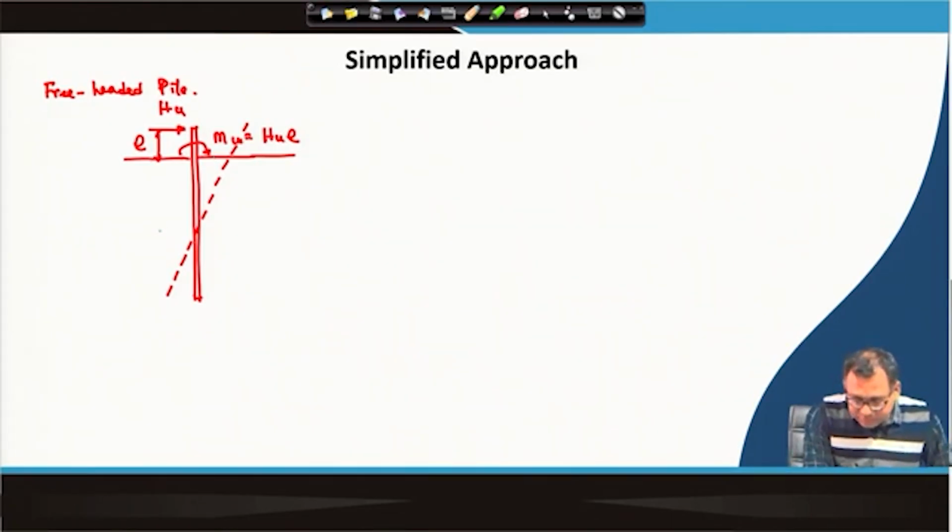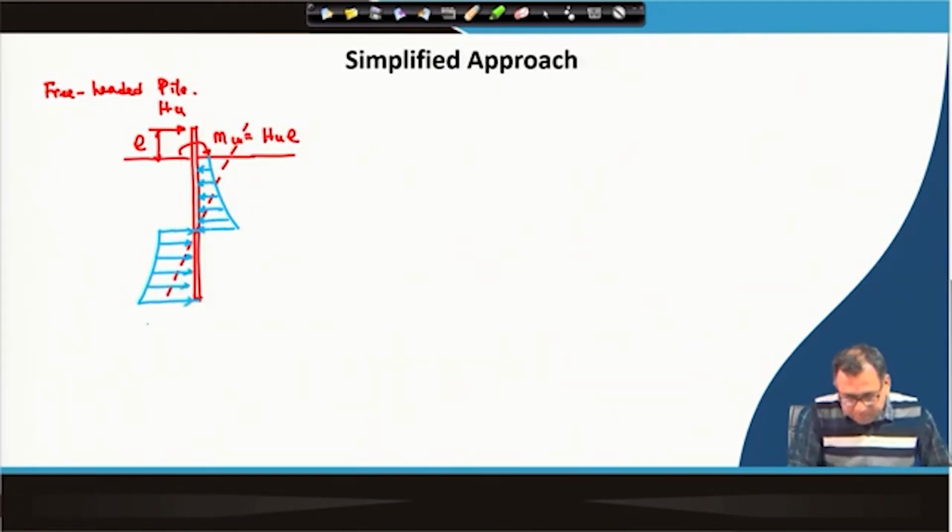At this point there will be a change of the distribution. So, this is the distribution, and for that this is the distribution. So, only this distribution is assumed, and that is it. So, based on that we will calculate what would be the ultimate load carrying capacity of the pile.